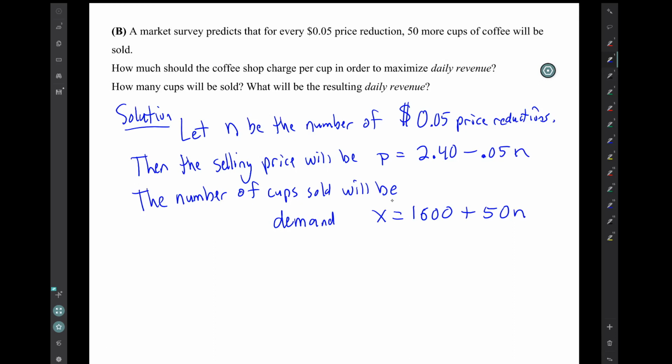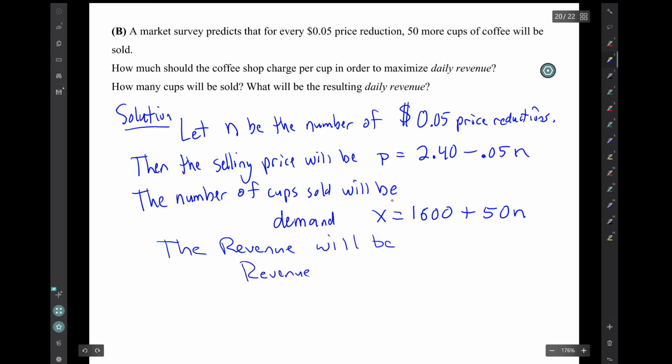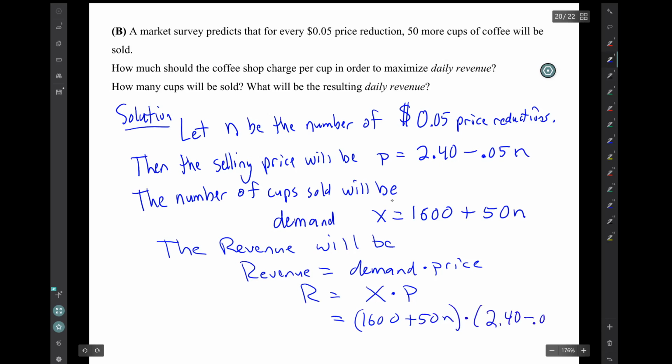So what is the revenue? We see the revenue is a function of n, and it's given by this expression.